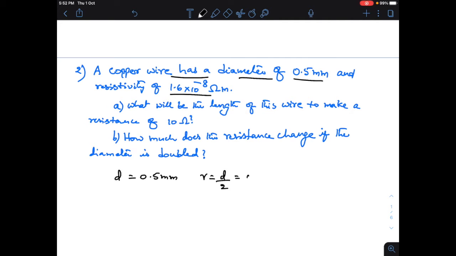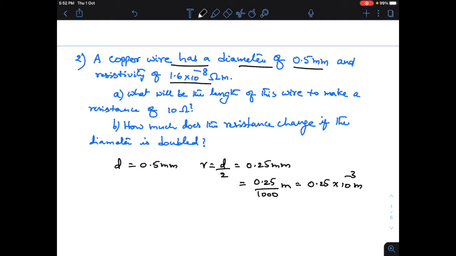So that is 0.25 mm. When you convert it into meters, it is 0.25 by 1000 meters, or simply you can write 0.25 into 10 to the power of minus 3 meters.